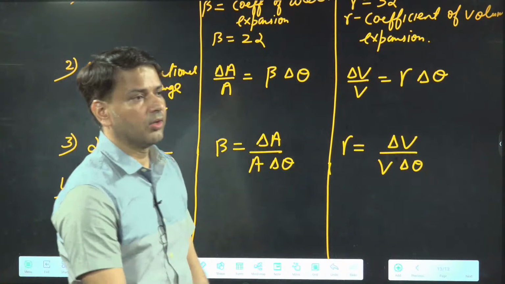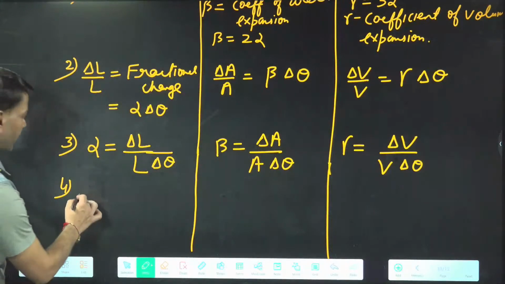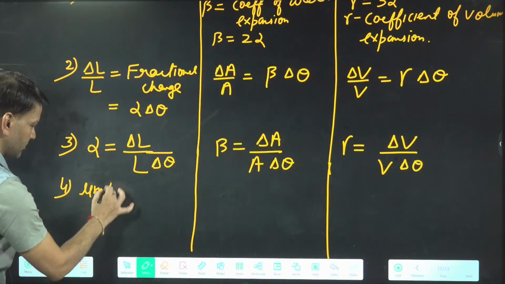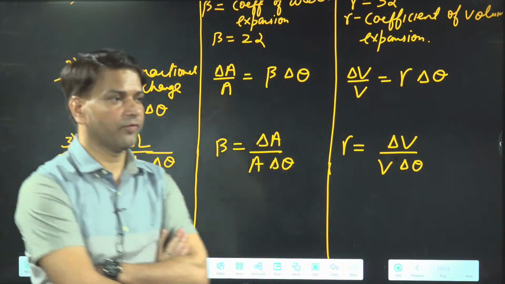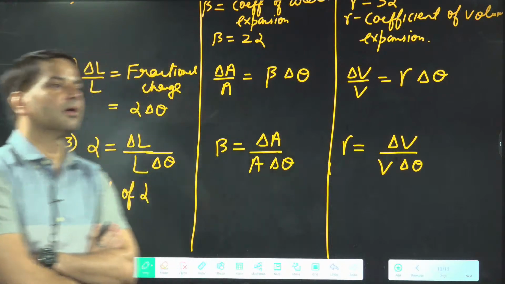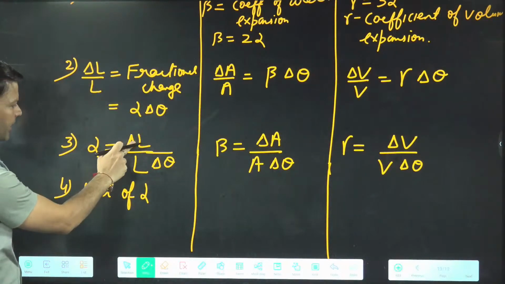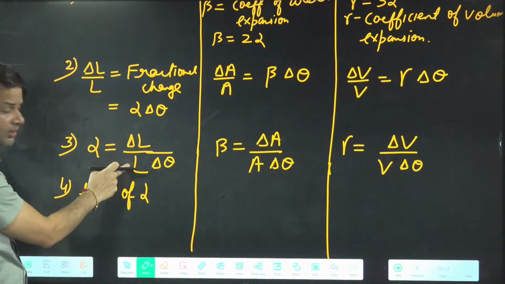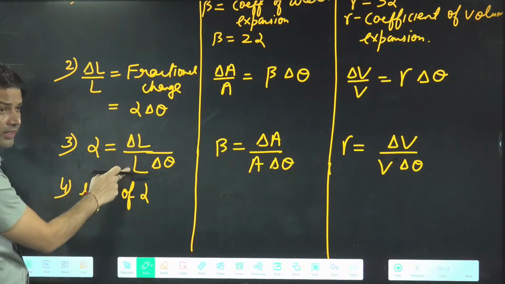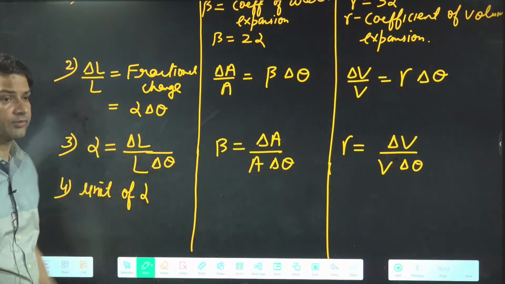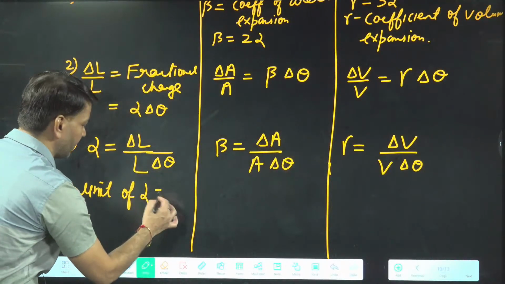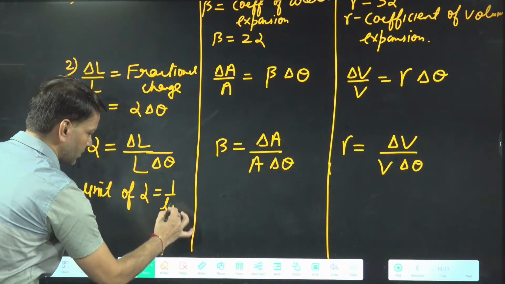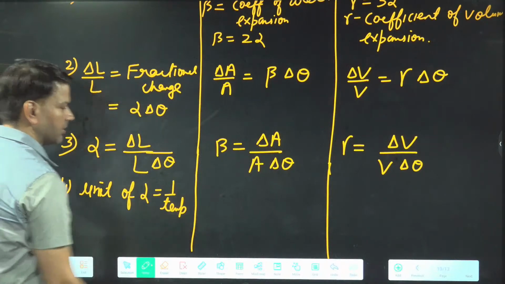Completed? Okay. Now from this, what is the unit of alpha? Temperature inverse. So we can say here delta L and L, they will have the same unit, so that unit will get cancelled out. So alpha will have the unit of 1 upon temperature.